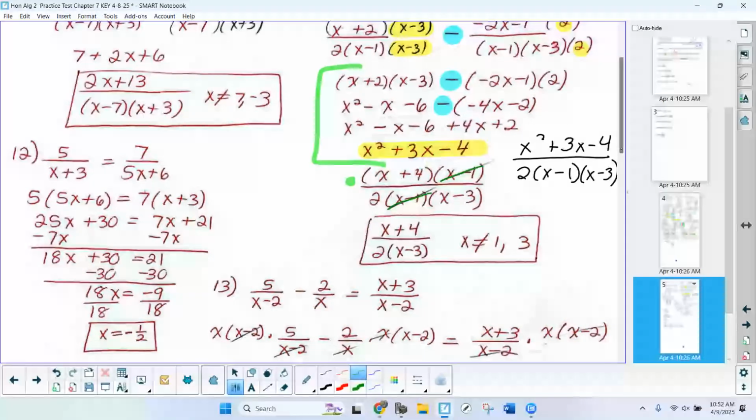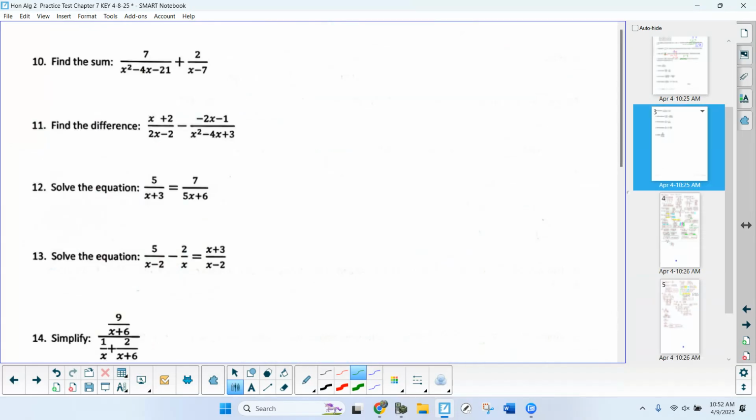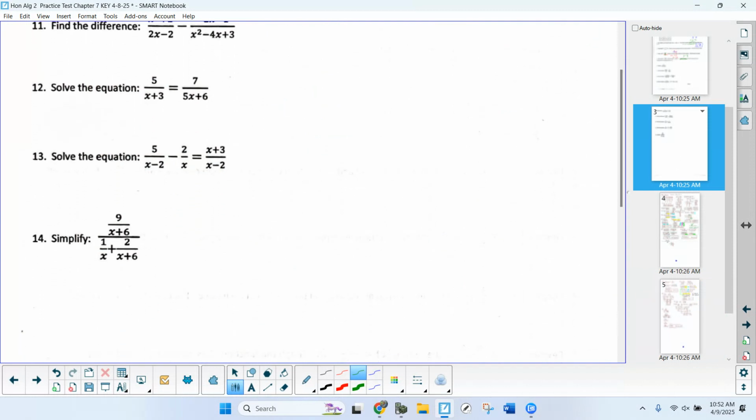All right, number 12. 12 was a fraction equal to a fraction, cross multiply and solve. How'd you guys do on 12? Any questions on 12? I heard a lot of people say 13 was the hard one. Am I right? Okay, I had a couple people say 13 was hard. So let me work with you.